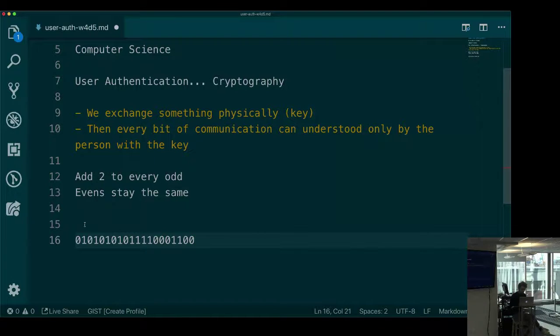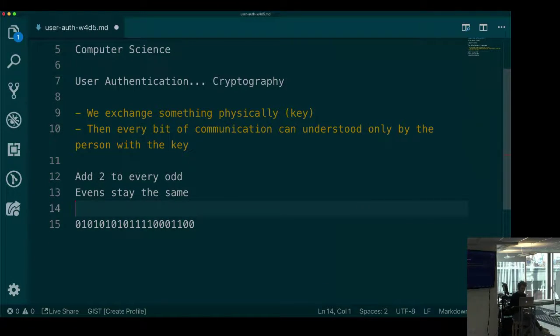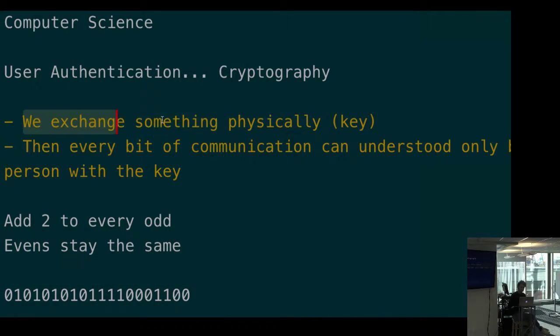Now, this whole thing relied on the fact, and this is something we'll really dive into, that we needed to meet up and exchange messages physically. Okay.